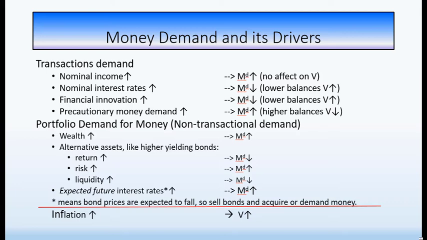Now, let's hit that red line and look at inflation all by itself. So now, inflation is built into nominal income and nominal interest rates if you look further up in this slide. But let's keep it as a separate item here and look at what happens when inflation goes up. So when inflation goes up, velocity goes up.